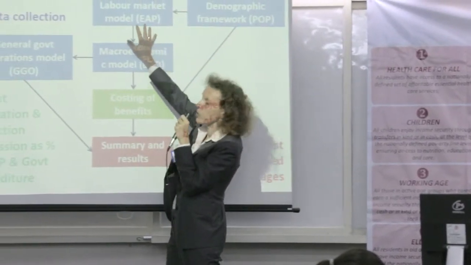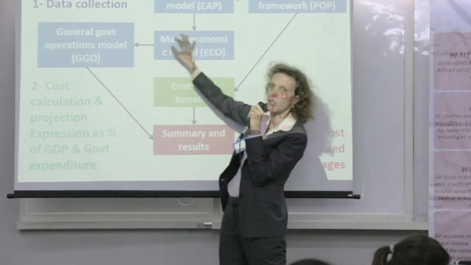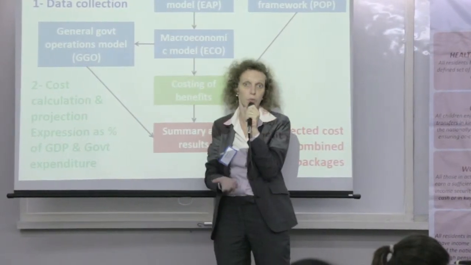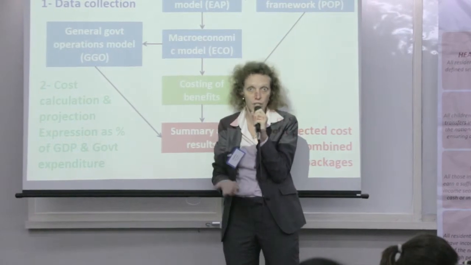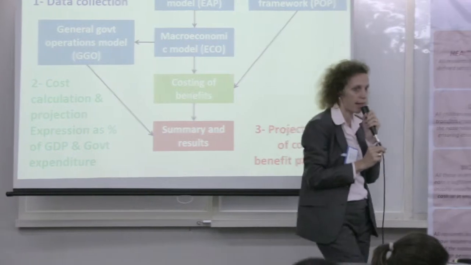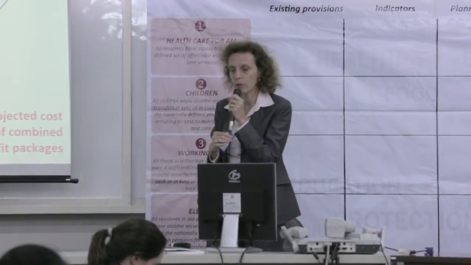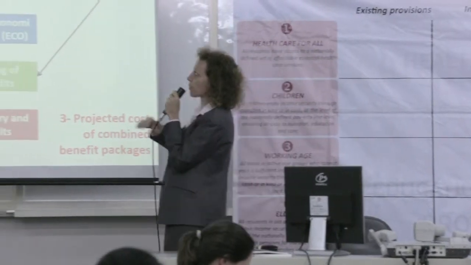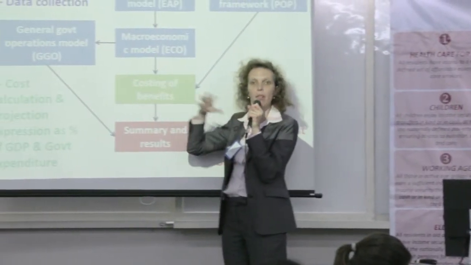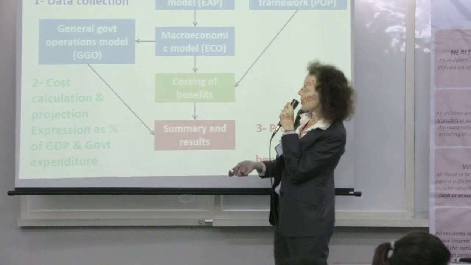And then you need to have also information on the labor market. You need to have information on some macroeconomic indicators like GDP growth, like inflation, all these indicators. Usually the Ministry of Finance have them, but in some countries it may be difficult to find them, or you need to work, as we did in Thailand, with some macroeconomists who have their own model, and then this model is being used by the government.